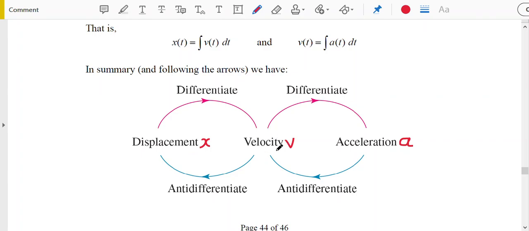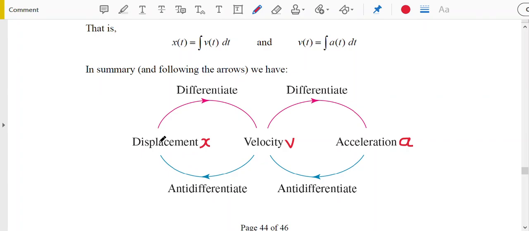If you need to go from velocity to acceleration, follow the pink arrow, so differentiate. However, if you need to go backwards, say for example, you have the acceleration function and you would like to find the velocity function, you need to anti-differentiate, follow that blue line along here. Okay, and if you've got the velocity function and you would like displacement, position, you find the antiderivative of velocity, and that will go back to your function displacement.